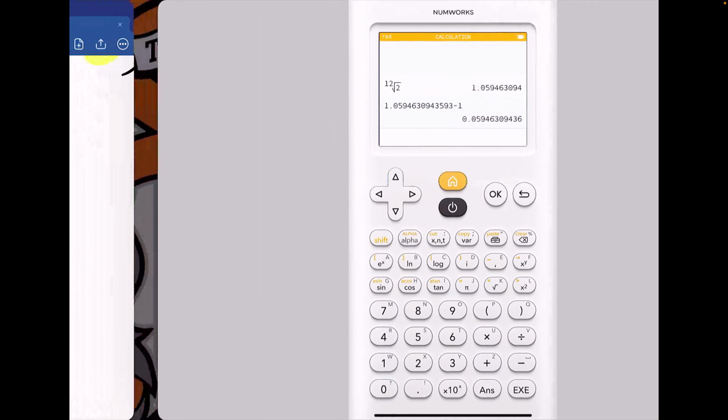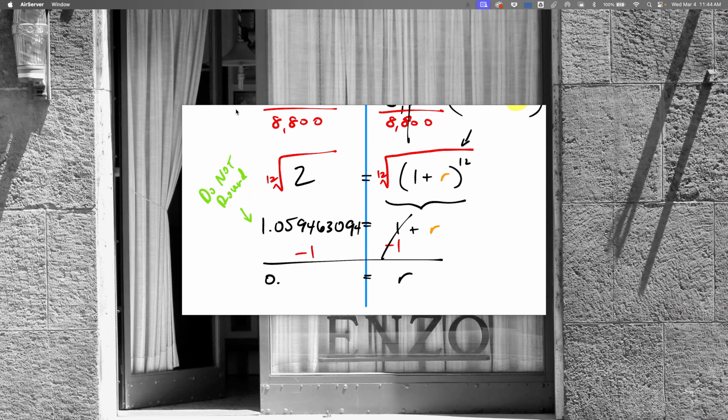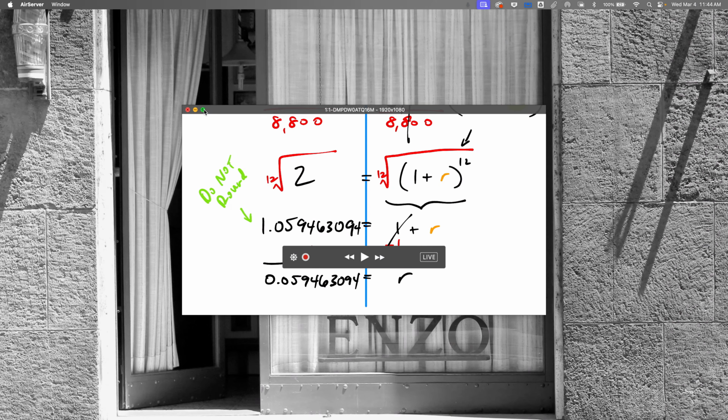Okay? So when I do that, minus 1, I get 0.059463094. Now I'm going to round.